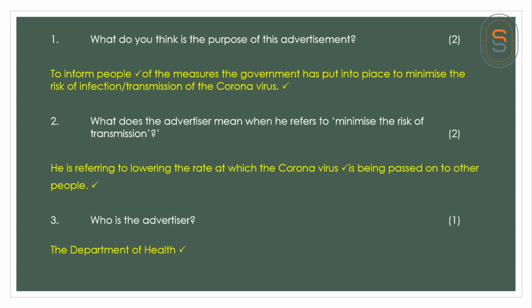What do you think is the purpose of this advertisement? So why was this advertisement set up? For 2 marks, to inform people, first of all, your first mark, of the measures the government has put into place to minimize the risk of infection or transmission of the coronavirus.